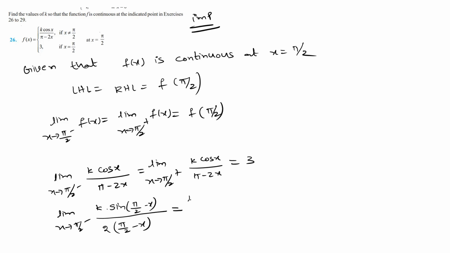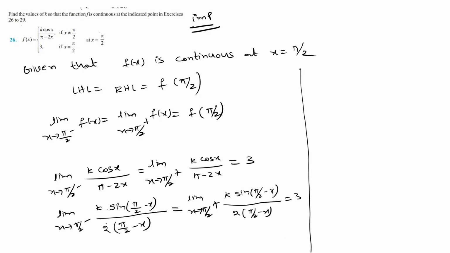Here also limit x tends to pi by 2 plus, the same, cos can be written as sin of pi by 2 minus x divided by 2 times pi by 2 minus x, which is equal to 3.